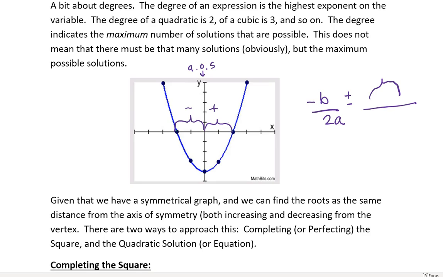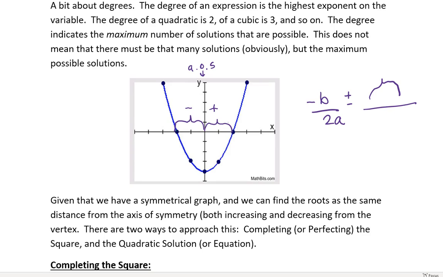So we have a couple of ways of approaching this, and I want to make certain we cover both, but I want to make sure that people are seeing and understanding what's happening and why we have that plus and minus feature going on. We're talking about from the axis of symmetry, both to the left and to the right on that.